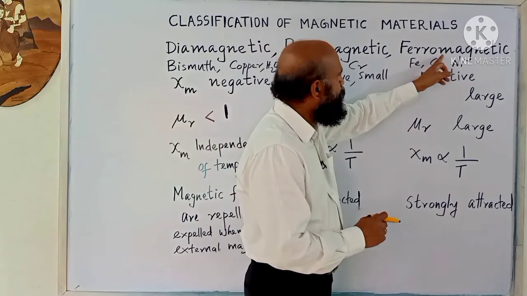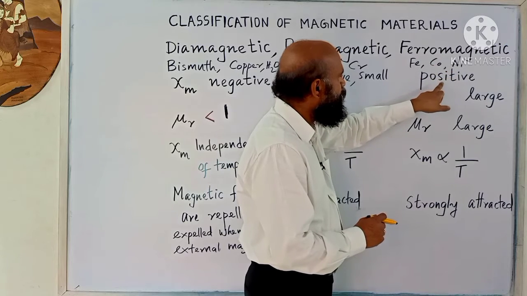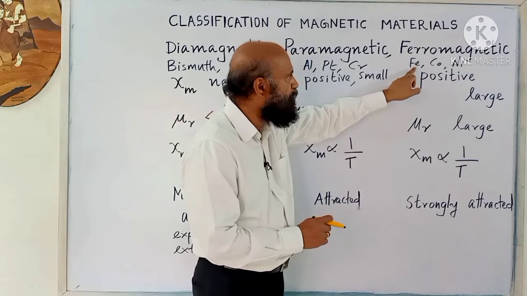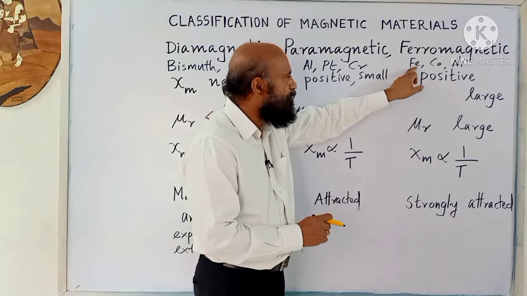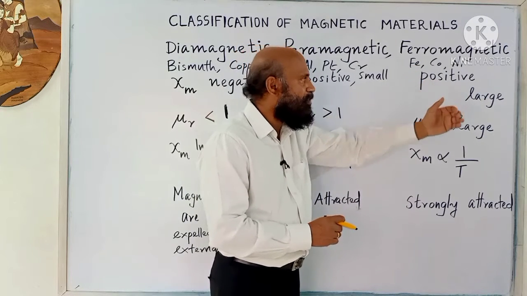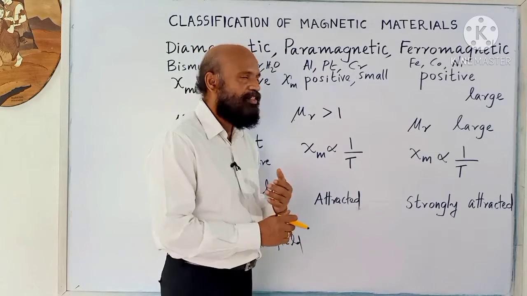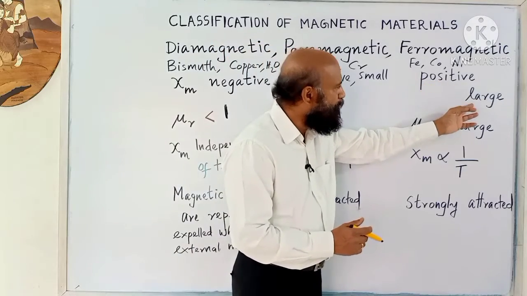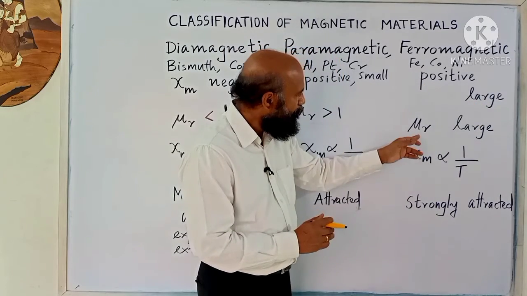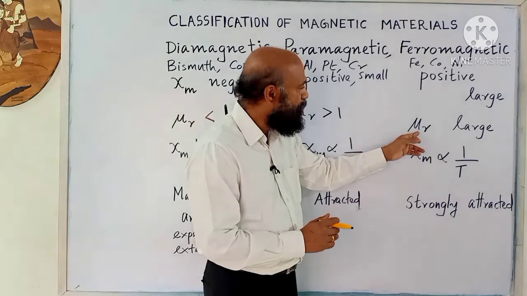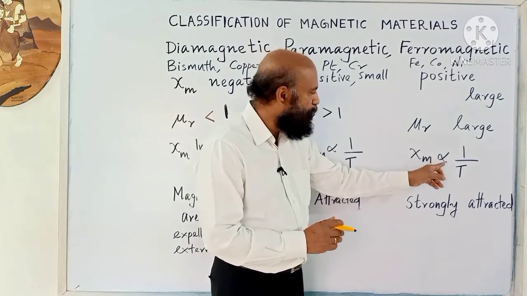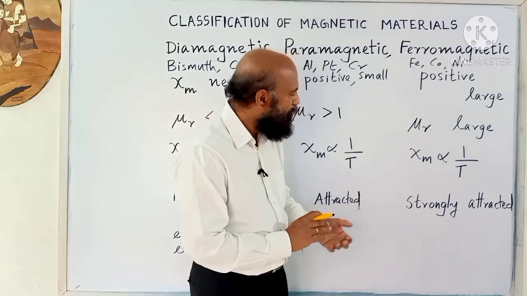Then ferromagnetic materials, susceptibility is positive and very large. You know, iron can be easily magnetized. So susceptibility is large. Susceptibility is a measure which tells us whether it is easy to magnetize or not. Relative permeability is also very large.